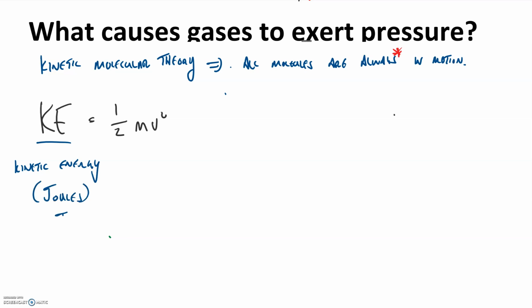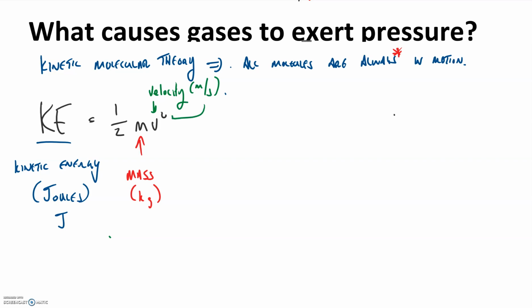And we'll abbreviate that J. This is, of course, our mass in kilograms, and this final variable is our velocity in meters per second.